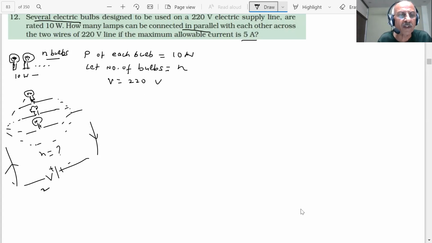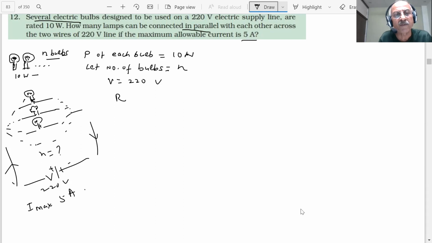220 volt. Everything you have is 220 volts, student. If maximum allowable current is 5 amperes, I max is 5 amperes. So how will we solve this question? Can you tell me what remains the same when the rating is same?